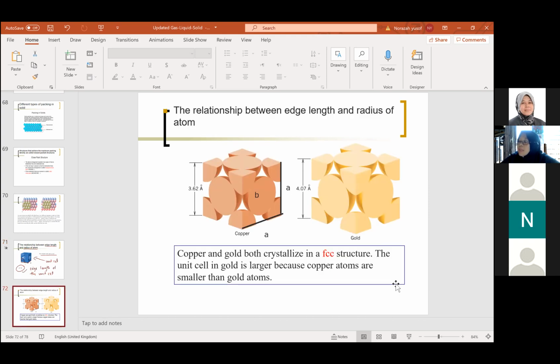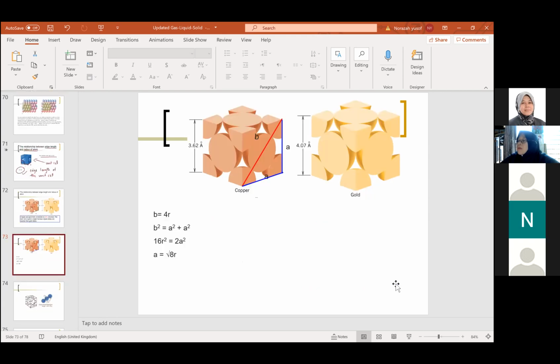For face-centered cubic, if you wish to prove that, you would do the calculation, but this is the formula.